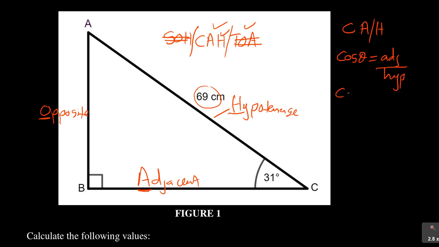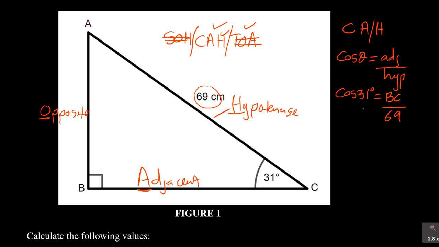So cos of my theta, 31 degrees, is equal to my adjacent. I don't know my adjacent. My adjacent is what I'm looking for, which is my BC, over my hypotenuse. They told me it is 69.